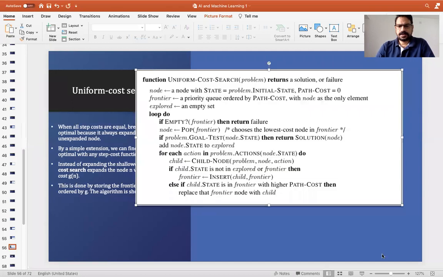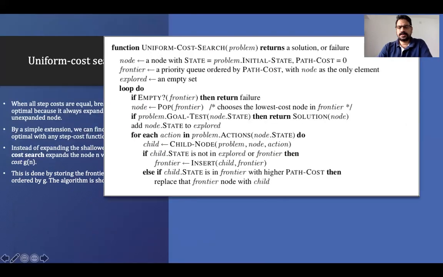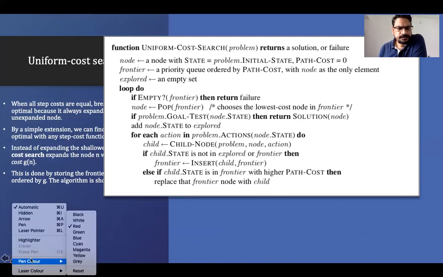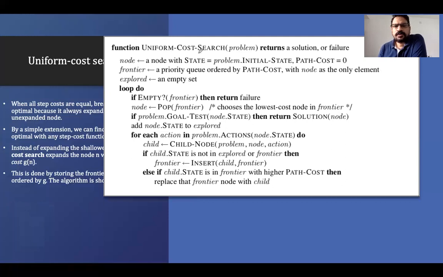So this is my algorithm, right? Let's see what it is saying. It is the uniform cost search.